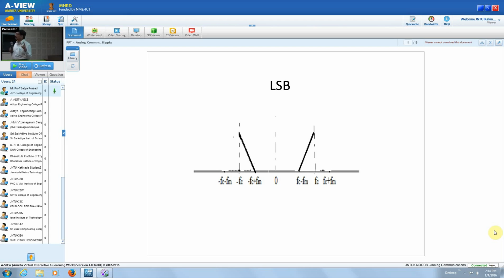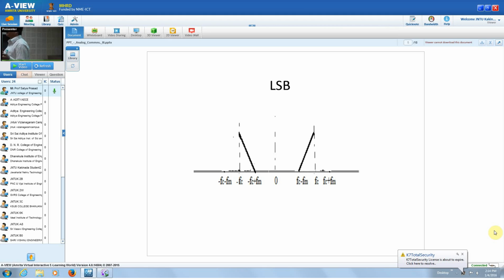So we are having only a band pass signal. When 2 Fm is very small compared to our carrier frequency, we may say that this is a narrow band signal, because the bandwidth of the overall transmitted signal is very narrow, as 2 Fm is much less than our carrier frequency Fc. Therefore, we have a band pass, narrow band signal.